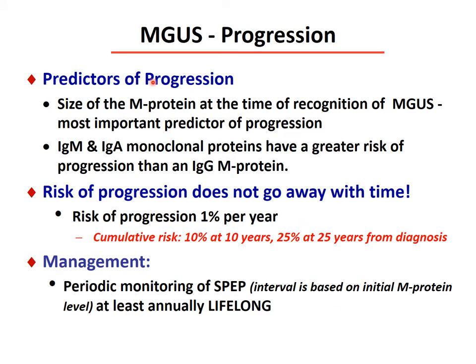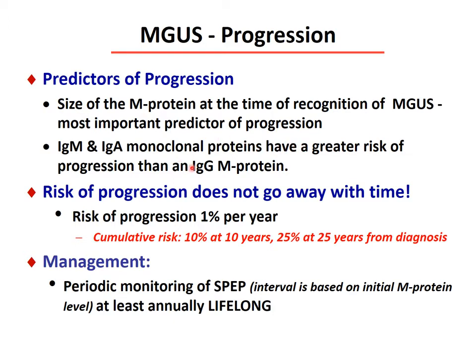Now, we assume that MGUS is a predictor for the progression. So basically, if somebody does have more M protein, they have a higher chance of progressing. Or if the patient does have an IgM or IgA monoclonal band for MGUS, they have a higher risk to progress into other more advanced conditions.